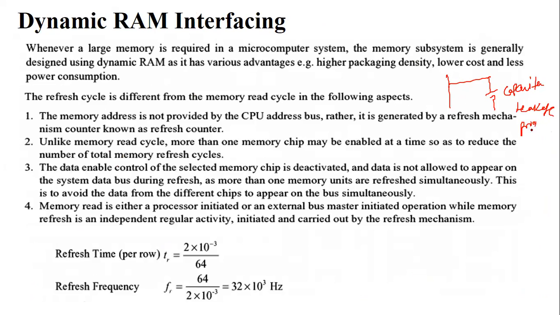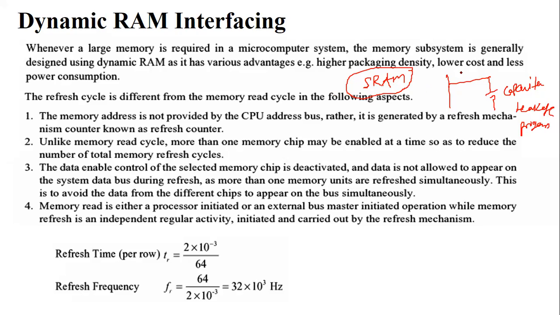So whenever your data is very critical, at that time you use static RAM, because there is no leakage problem and no loss of data.